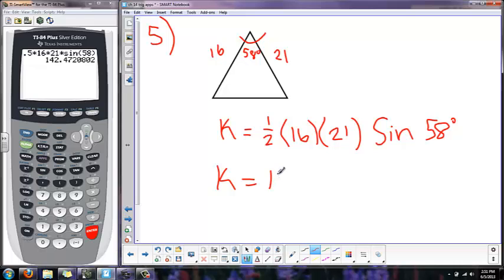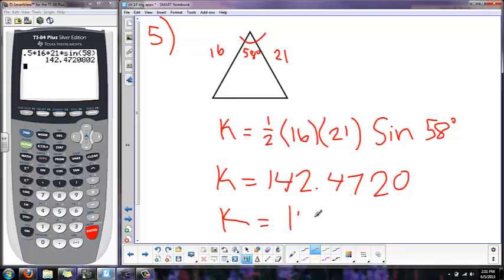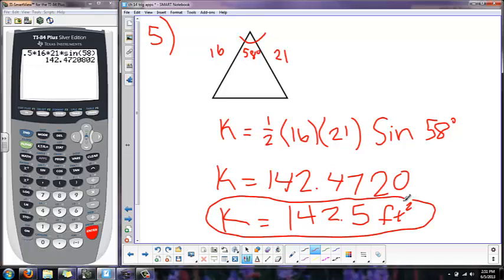The area is 142.4720, and it wants the area to the nearest tenth of a square foot, so 142.5 feet squared, because area is always units squared. And that's your answer. Okay, there's only 2 left.